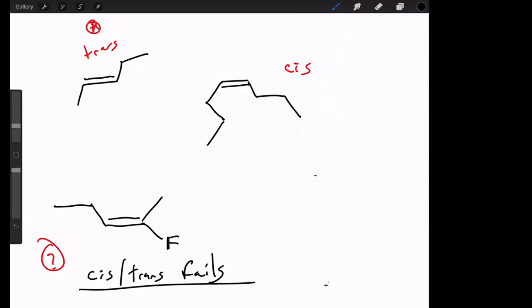At the end of the day, cis and trans don't make any sense here, because one of the things I can look at is that I've got some hydrogens attached right here. We can talk about the groups, even if they're different. These two groups are the same, but these two groups are different, a methyl and an ethyl. Well, what's trans?